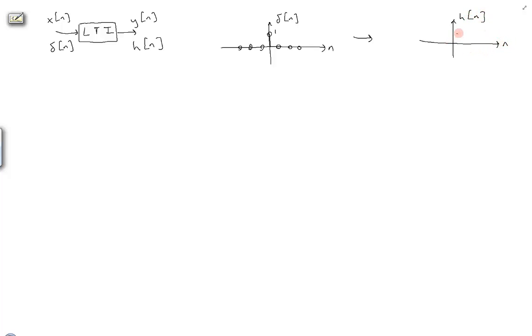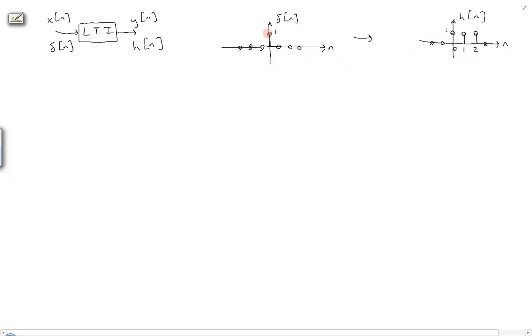Not knowing anything about the system, I'm going to say that it's equal to these three samples at 0, 1, and 2, and is 0 everywhere else. So this fully characterizes our LTI system.